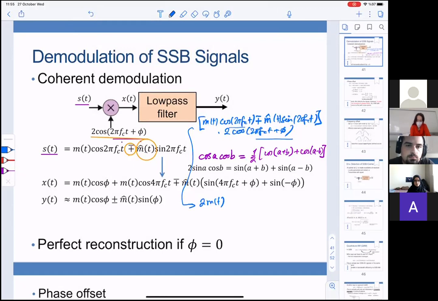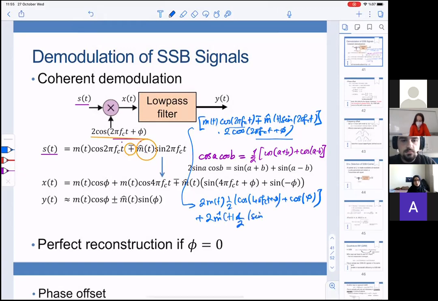Cosine times cosine is 1/2 cosine of the sum, 4 pi fct plus phi, plus cosine of the difference. And then from the second multiplication, we have twice m hat cosine times sine, which is 1/2 the sine of the sum plus the sine of the difference, sine of minus phi.